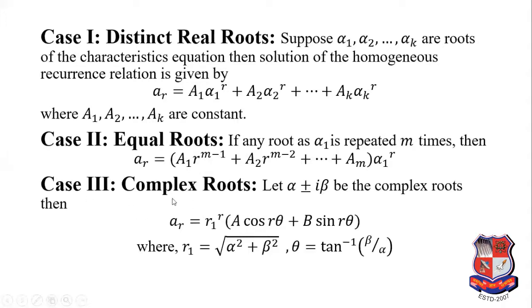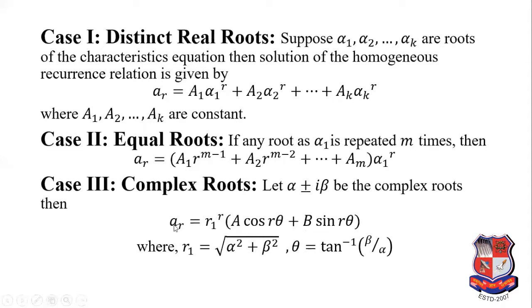The third case is complex roots. Suppose alpha plus or minus i beta is the complex root of the recurrence relation. In that case, we need to first find r1 and theta, where the value of r1 is nothing but the square root of alpha square plus beta square, which is the square root of real part square plus imaginary part square, and theta is tan inverse of imaginary part upon real part.